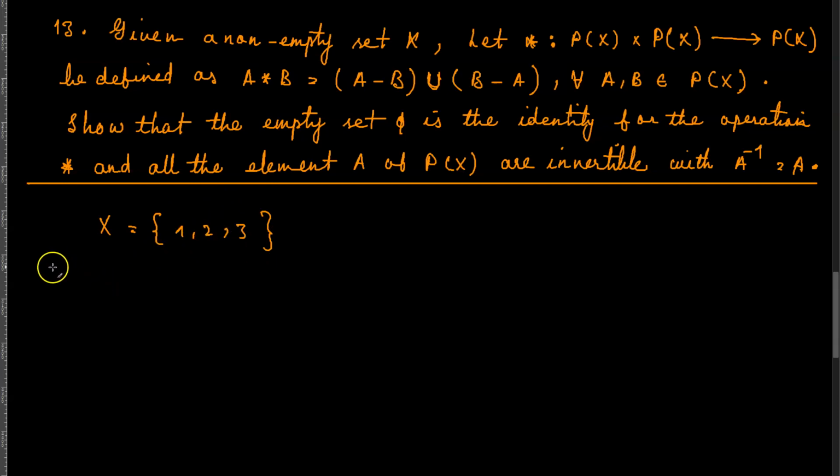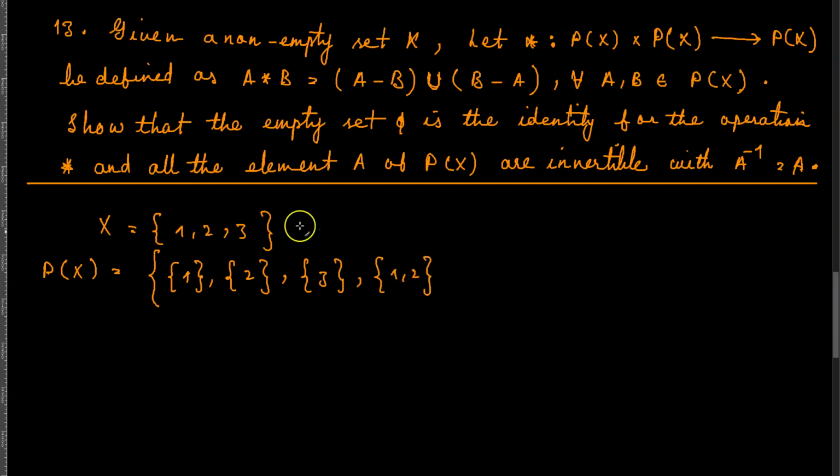If you collect all of those sets together in one single set, that set would be the power set of X, or P of X, containing all of those sets: {1}, {2}, {3}, {1,2}, {1,3}, {2,3}, the whole set {1,2,3}, and the null set.